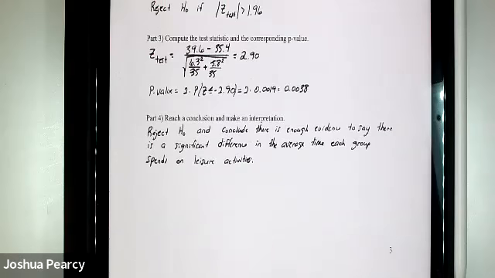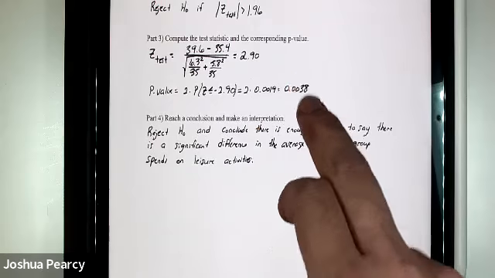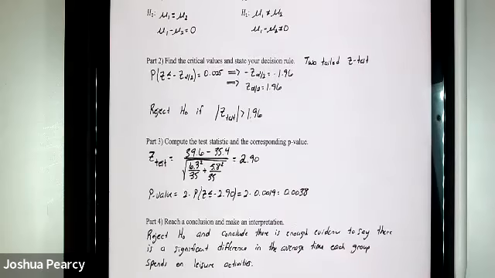So how would this have changed if it was, for instance, a right tail test? What would change in the problem? Yeah, the critical value would change. The alternative hypothesis would change, so it'd be mu1 is greater than mu2. Instead of 1.96, the critical value would be 1.65.